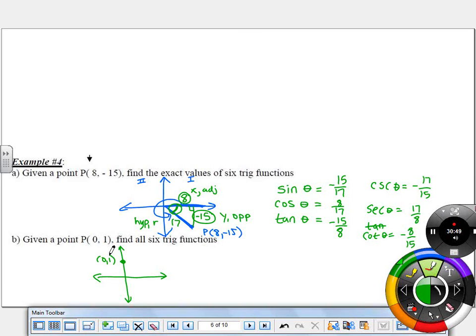I mean, I could go somewhere random, but that's me putting in something random. That's not a connection to the position that I'm in. So what do I do at this point? If I have to deal with opposite over hypotenuse and adjacent, that doesn't even make sense right now, right?